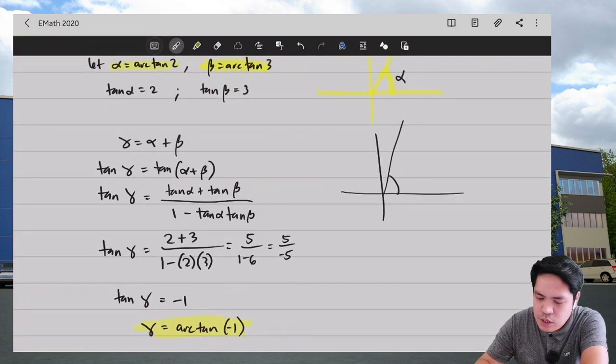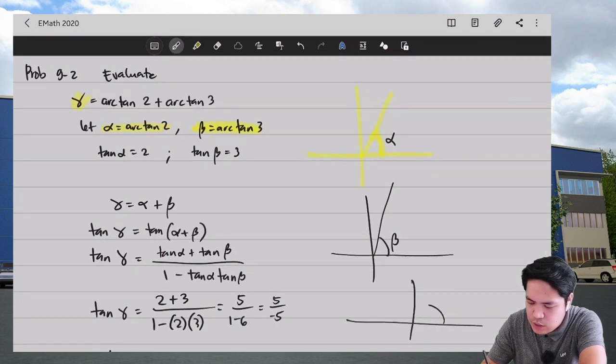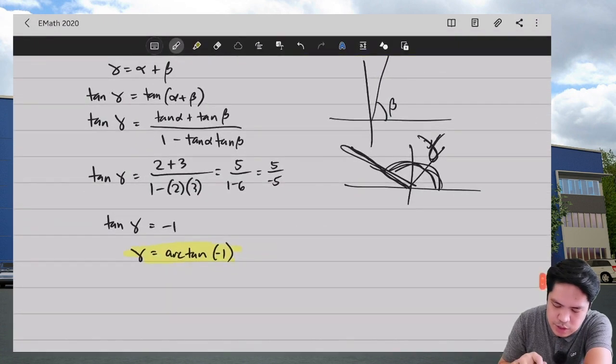If you add these two angles, the result is a much greater angle in the third quadrant. So alpha plus beta is now gamma, which is 135 degrees, or still arctangent negative 1.